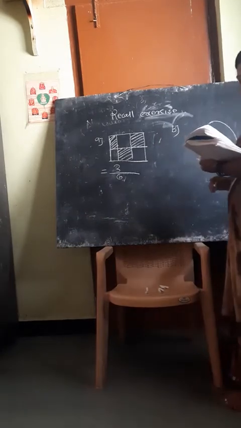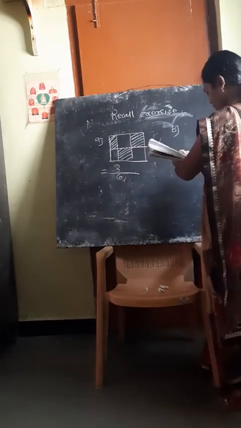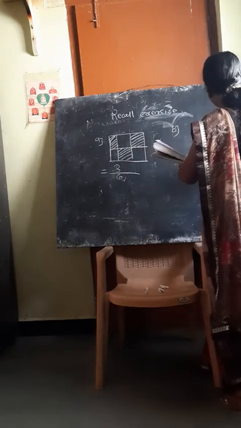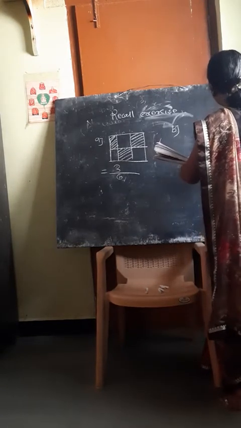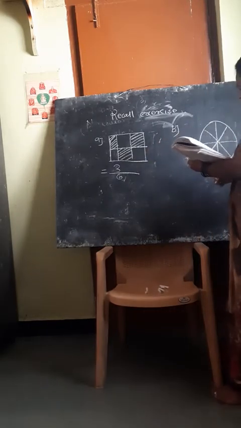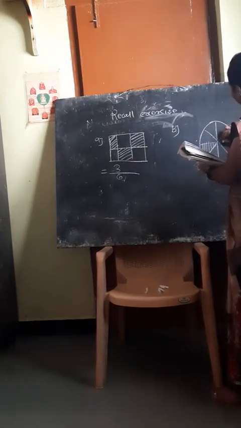Next, the second example. We have given one circle. In this circle, 8 parts are given. Out of these 8 parts, 4 parts are shaded.